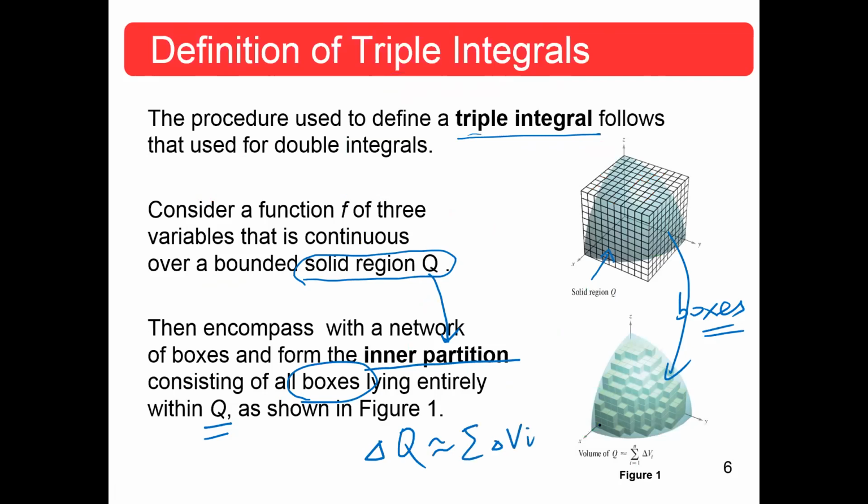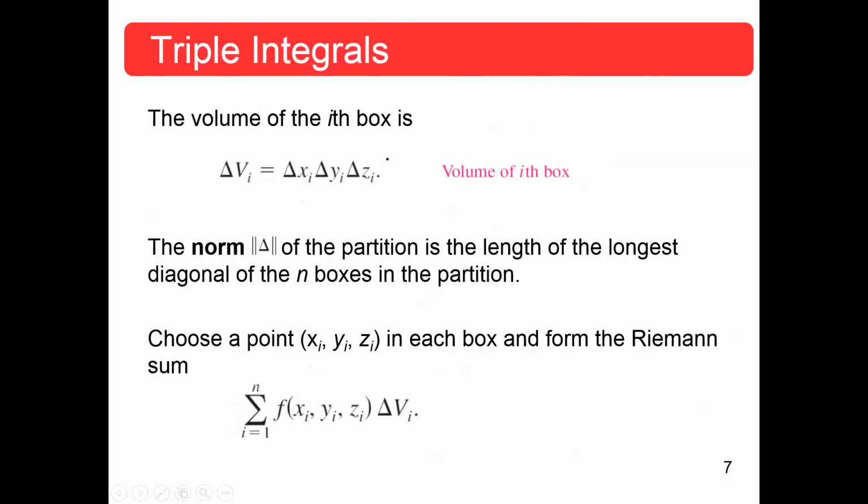Because each little box you can calculate its volume, right? You guys okay with that? So the volume of Q will be the sum of this delta V. And because each little one of those are boxes, their volume is easy to compute. So let's move on to the next slide. The volume of the ith box, delta V, because it's a box, will be length times width times height: delta x in the x direction, delta y in the y direction, and delta z in the z direction.